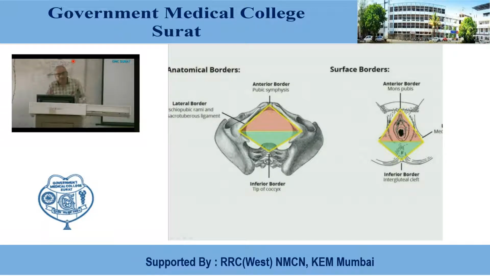So it is the lowermost part of the trunk, and this lowermost region of the trunk contains the lowermost part of the GI system as well as the urogenital system. So the perineum contains the lowermost part of the GI alimentary canal as well as the urogenital tract.